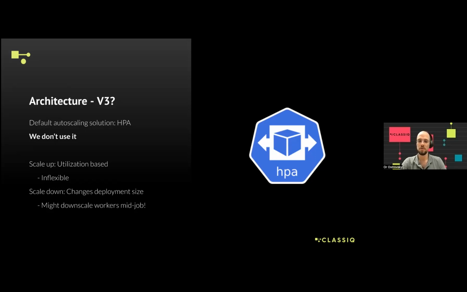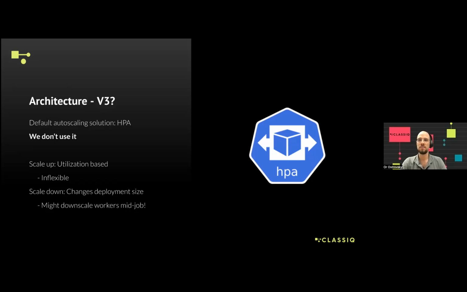This was too inflexible for us. But the main point of pain here is the scale down scenario. Because the way the horizontal pod autoscaler works, which is changing the deployment size, the scale down part is managed by the Kubernetes scheduler. The Kubernetes scheduler decides which pod to terminate.